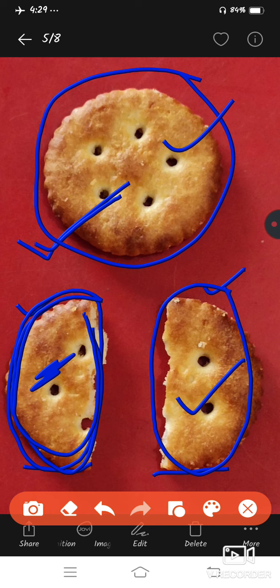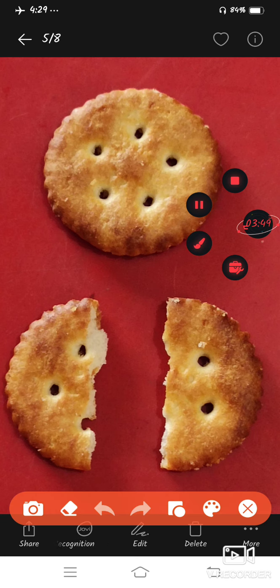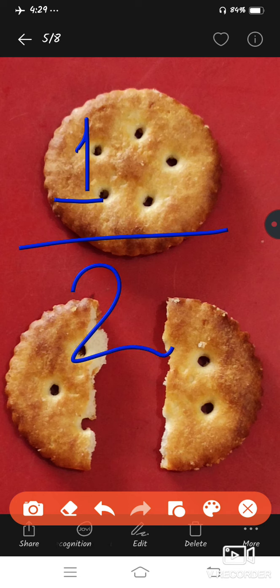Now, how can I write this using numbers? I can write it as 1, that is the number of parts which I have, and 2, the total number of parts.